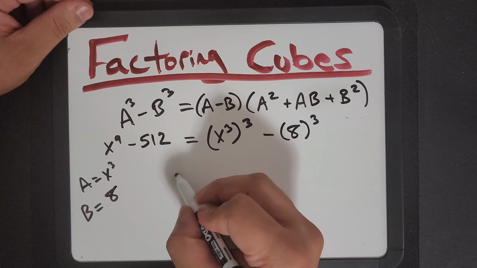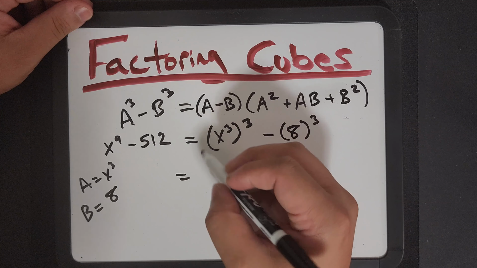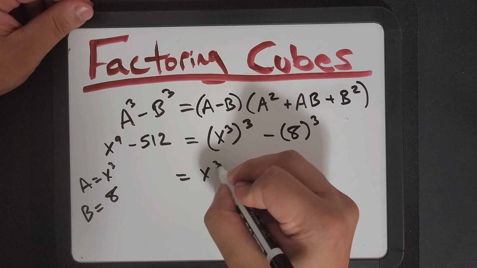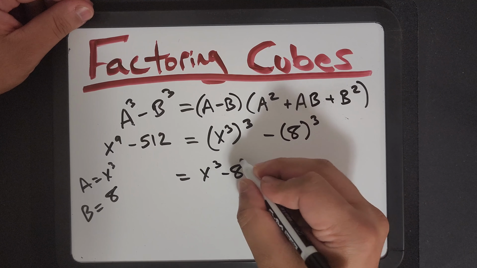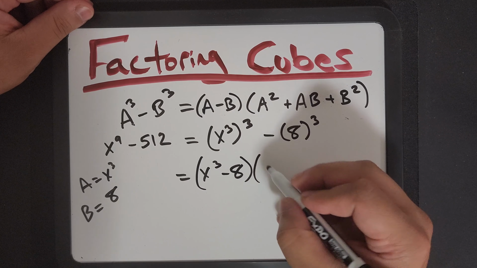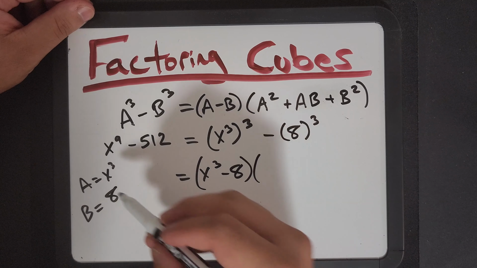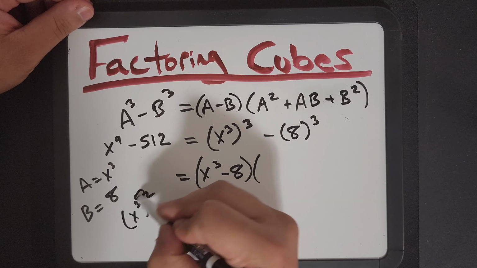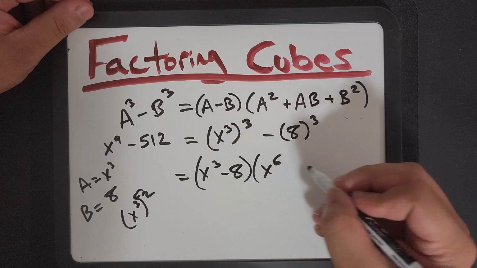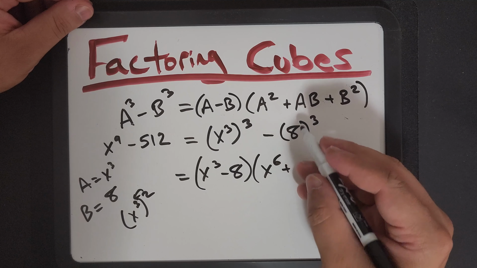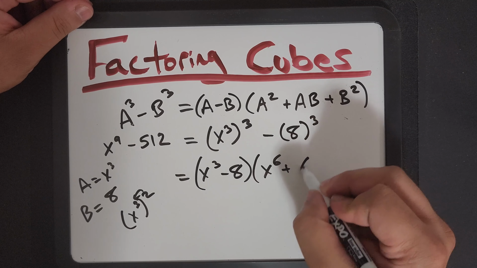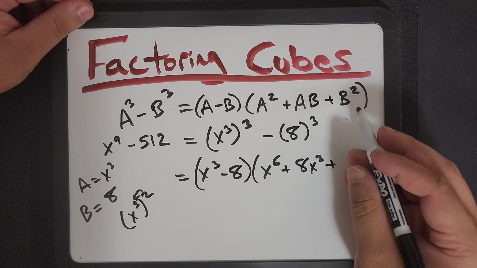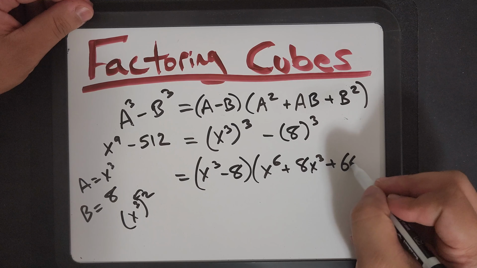So let's write this out in that formula. A minus b, which is x cubed minus b, which is 8. We have a squared, which is x cubed squared, so this will multiply, giving us x to the 6, plus a times b, which is 8x cubed, plus b squared, which is 64.